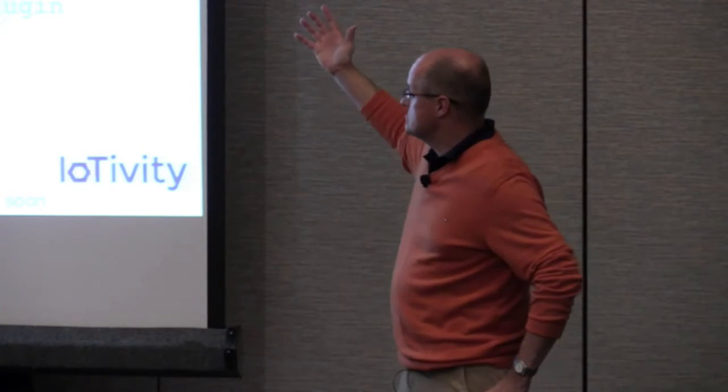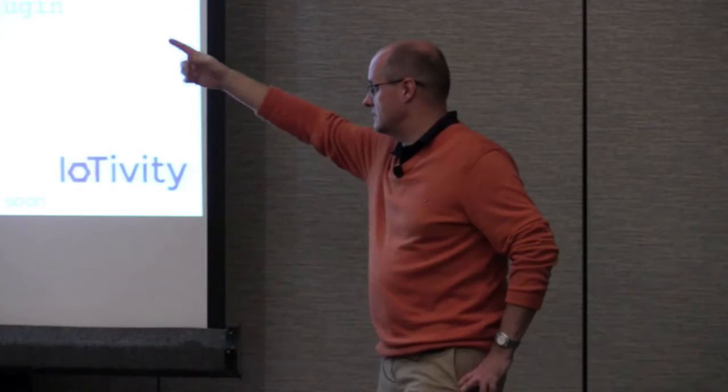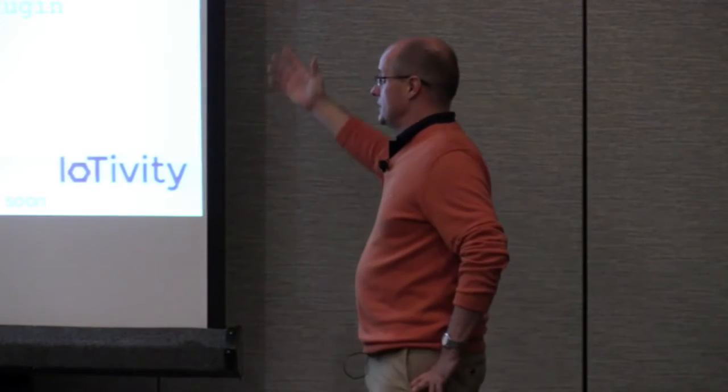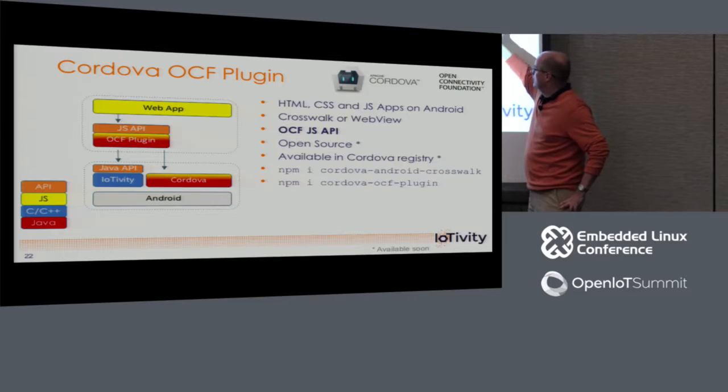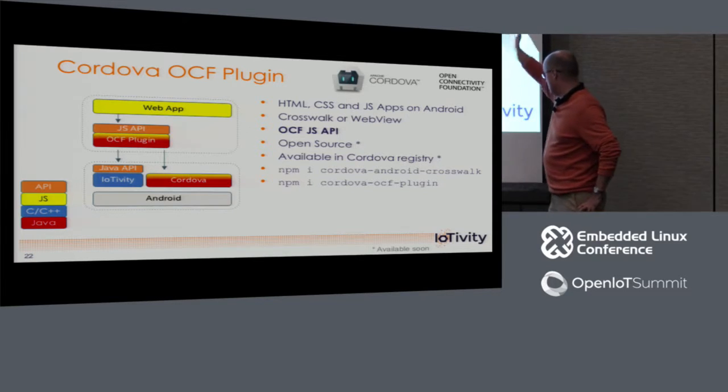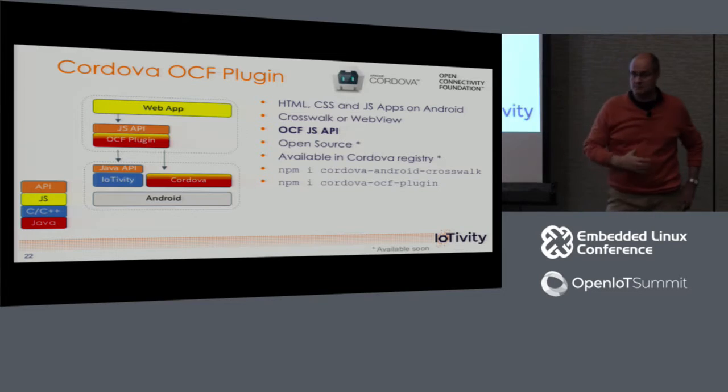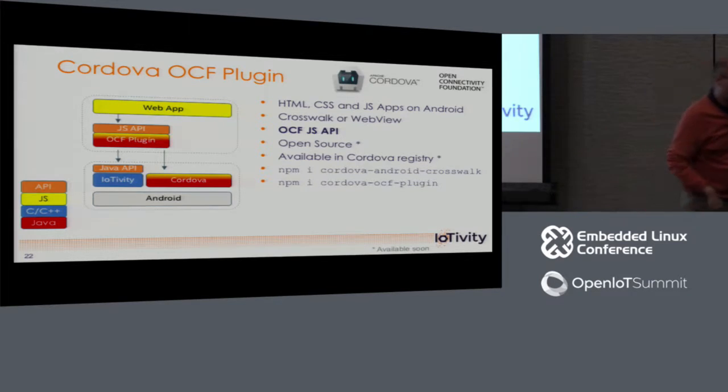And how you start using that, again, with NPM: if you want to use Crosswalk, or the Android standard web view, you just issue one command, it downloads everything for you, and then you install the Cordova OCF plugin, and you're good to go.